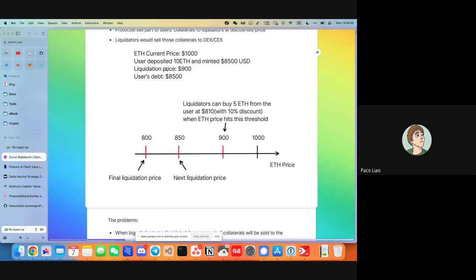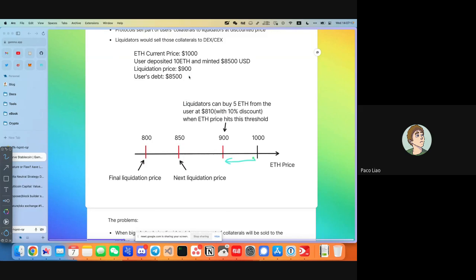Let's assume the liquidation price is 900. When the price goes down to 900, liquidators will join to liquidate the user's collateral.